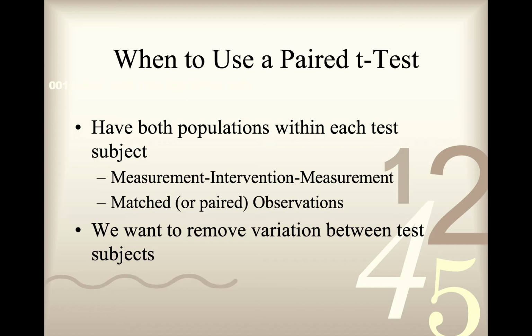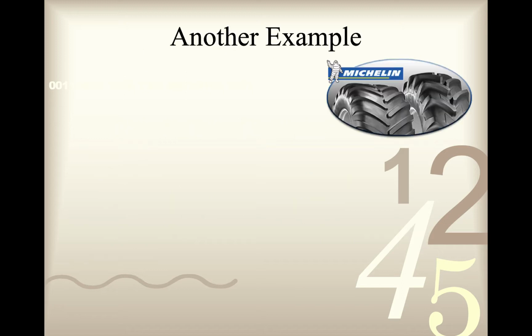And so we have all these families with these siblings, and this was an example where we had matched or paired observations because we didn't want to measure the perceived motor competence differences between all the different families. We just wanted to see if there was a difference between the sets of siblings. All right, so again, another example for a paired t. All right, and let's go through some more examples.